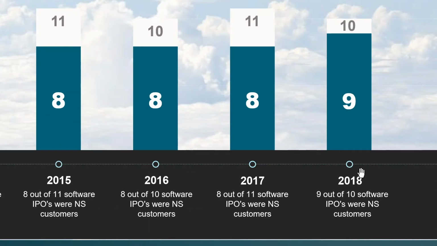These are really software-related companies, but in terms of IPOs that happened in those years for software-related companies, we had 8 out of 10 in 2016 going public on NetSuite, in 2017, 8 out of 11, and in 2018, 9 out of 10 IPOs that happened were NetSuite customers.